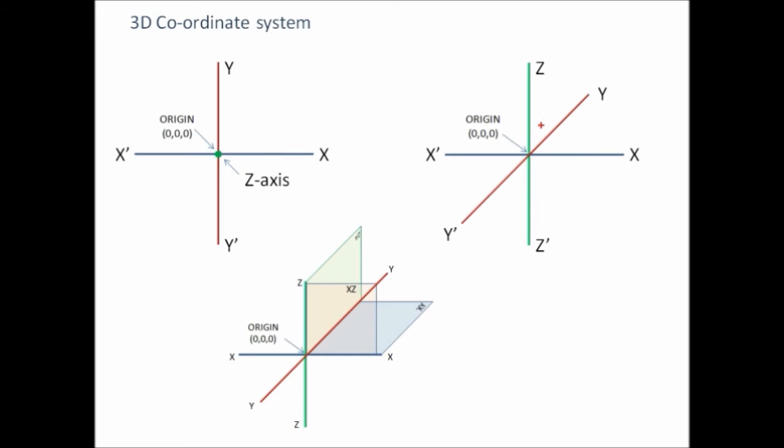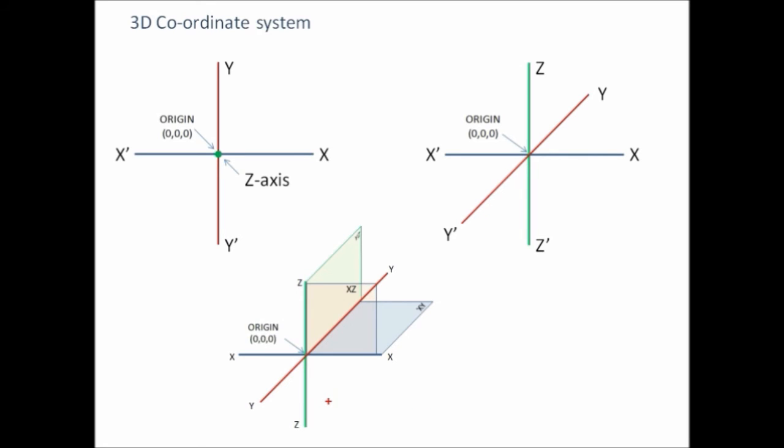Similarly, we see for y-axis and z-axis, which make 90-degree angle with each other. In the same way, when we talk about x-axis and z-axis, we see there is 90-degree angle between x-axis and z-axis. That means all three axes are mutually perpendicular to each other.